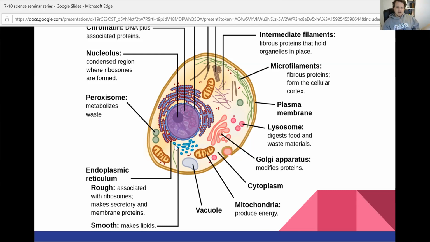We then have the endoplasmic reticulum, which folds the proteins into the space and the conformational shape they're supposed to have. And these then go to the Golgi apparatus, and they get packaged into these little vesicles, depending on where they need to go.